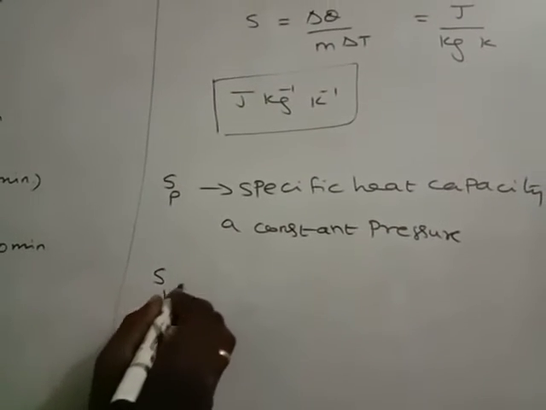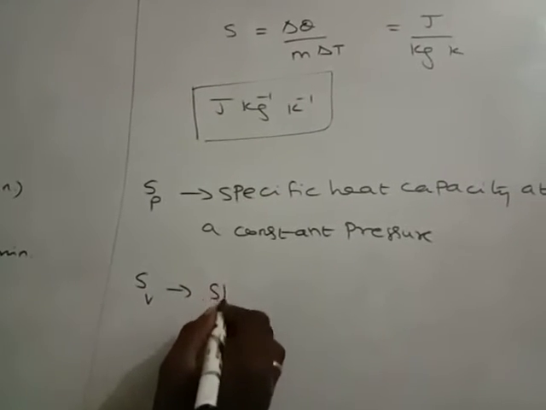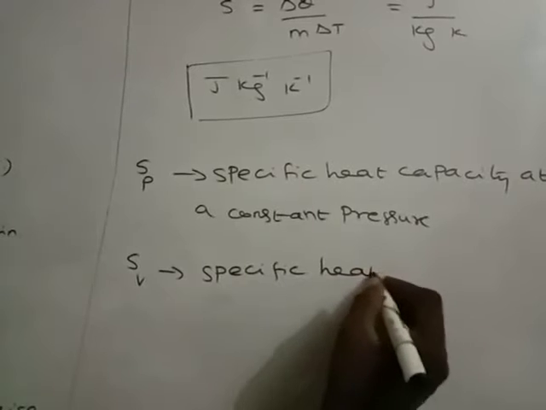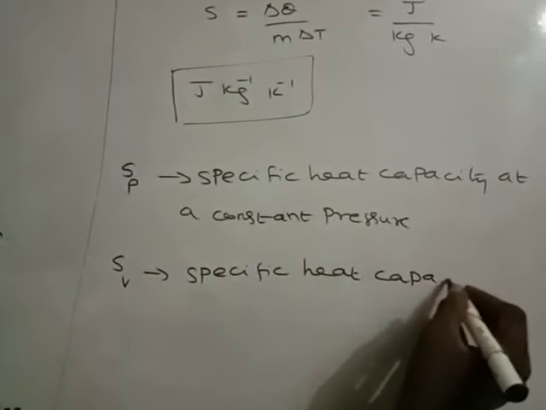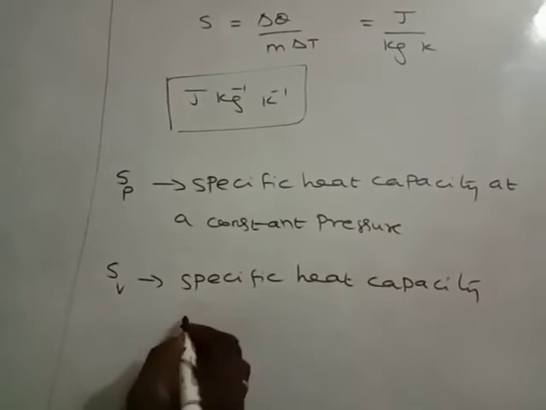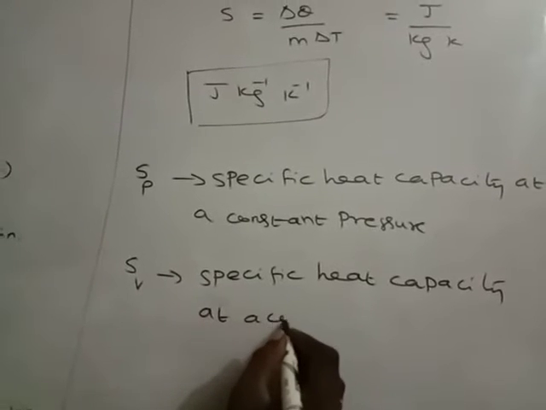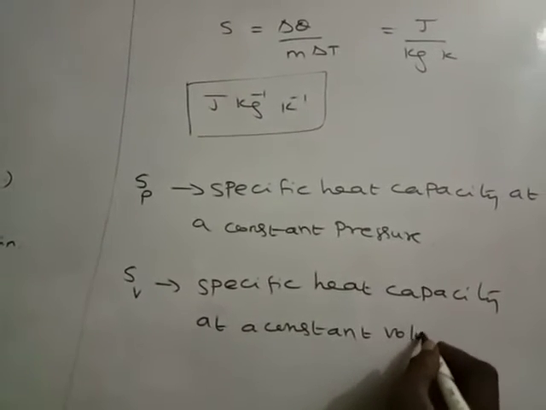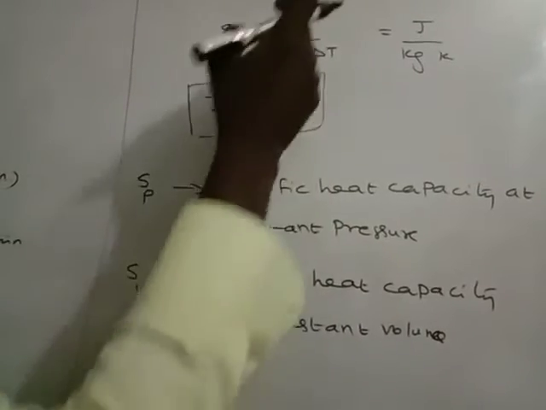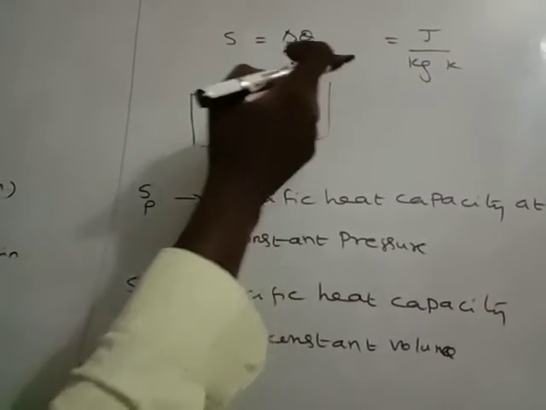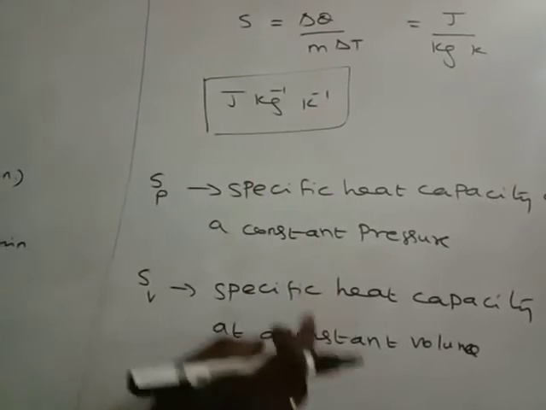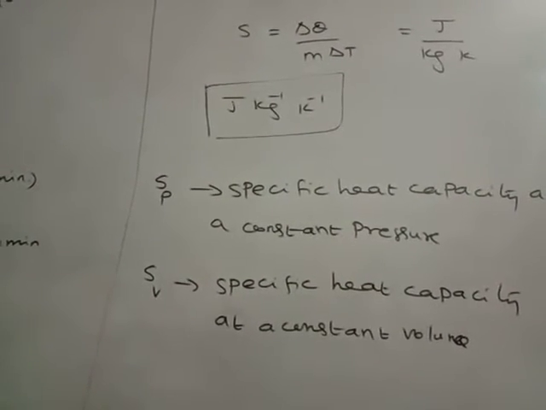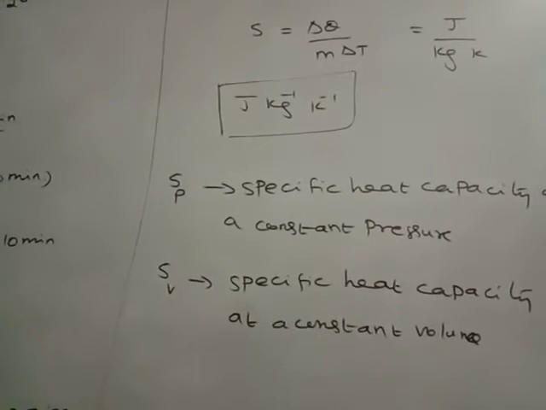Then specific heat capacity at a constant volume: the amount of heat energy required to raise the temperature per unit mass at a constant volume is called the specific heat capacity at a constant volume.